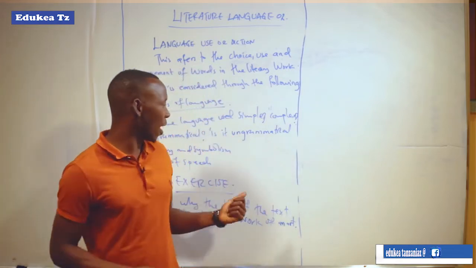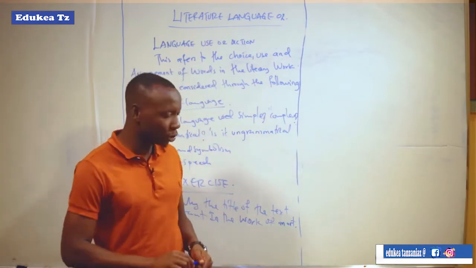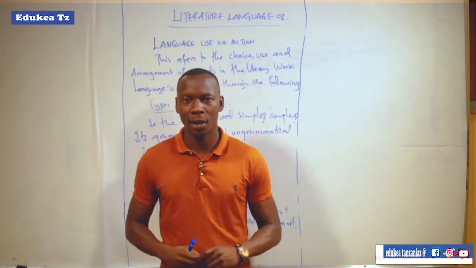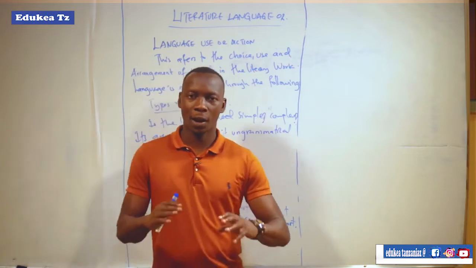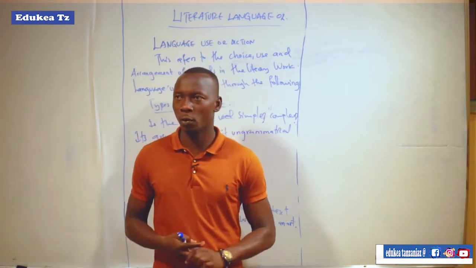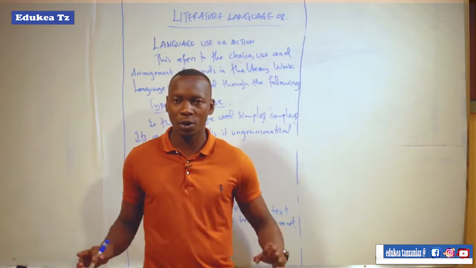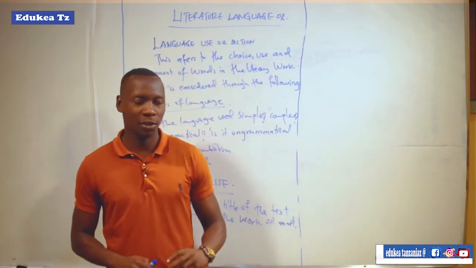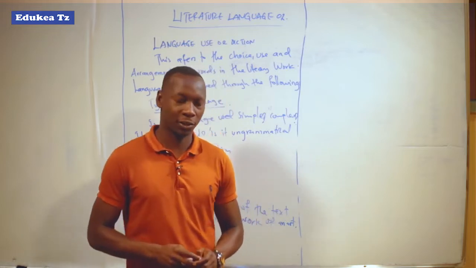But if the language is ungrammatical, you find that morphologically, lexically, and syntactically the words are not arranged in a good way, so that you can even lose the structure of the phrases, sentences, or utterances being employed in that literary text.